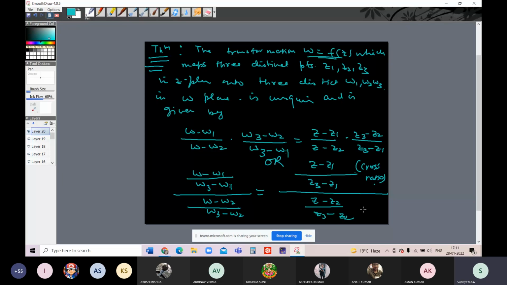If any one of these points is infinity, then the ratio of the two differences containing this point is replaced by 1. How we replace it by 1, we will explain later when we do questions related to the cross ratio.